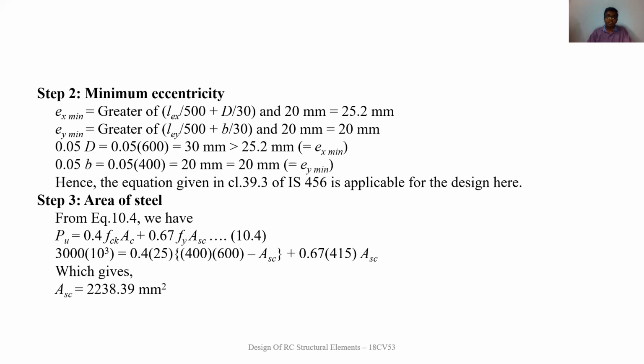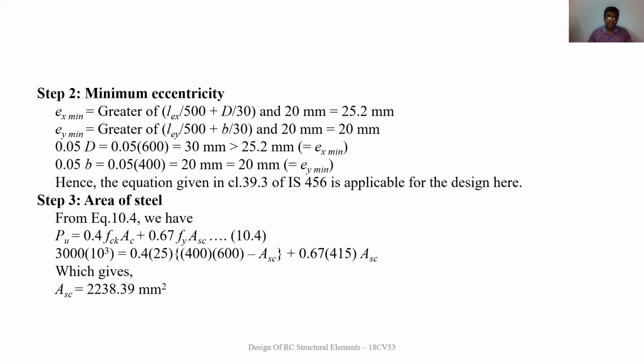Since it is not greater than 30 and 20, we can use the equation that has been provided in clause number 39.3 of IS 456 for the design. So we can use the equation Pu is equal to 0.4 times fck into Ac plus 0.67 times fy into Asc.